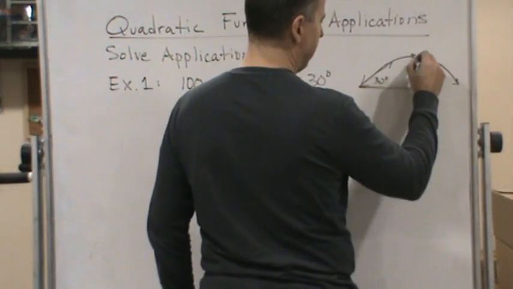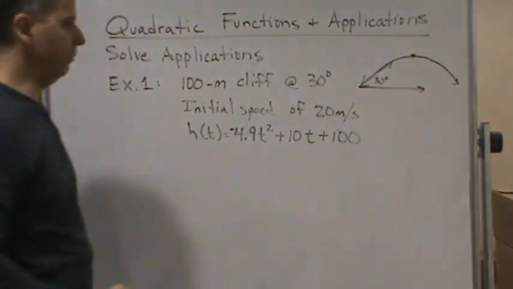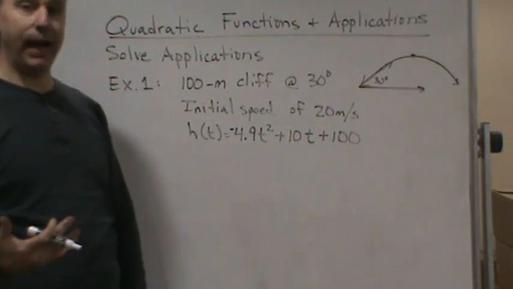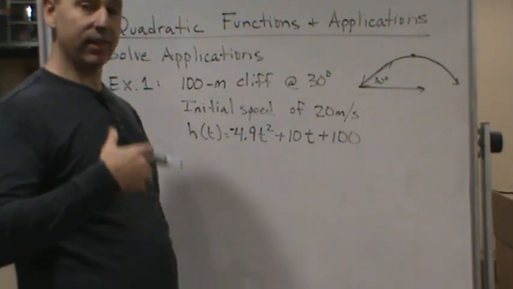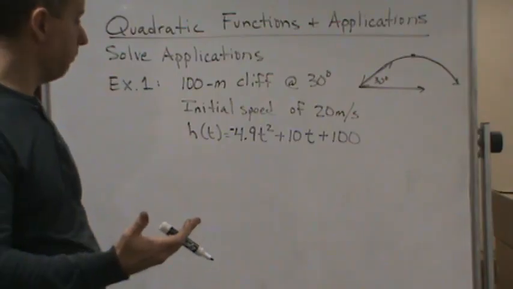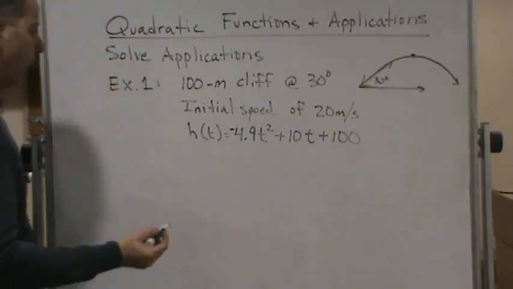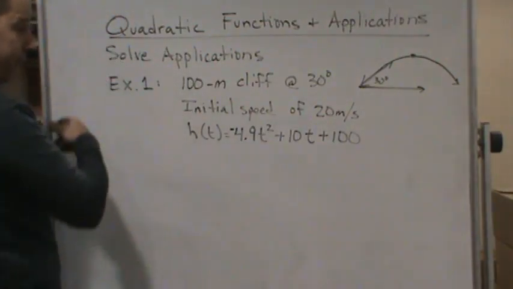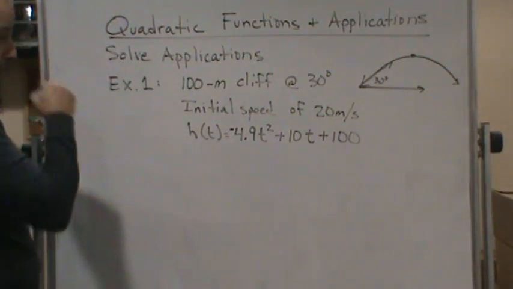So it's going to have a maximum height. That means the maximum height happens at the vertex of this trajectory.